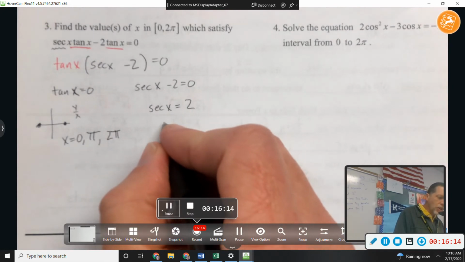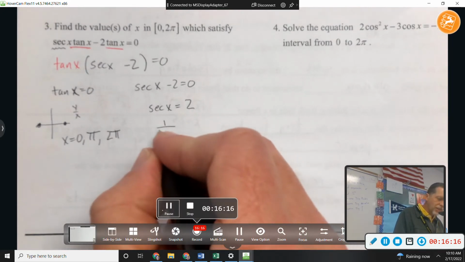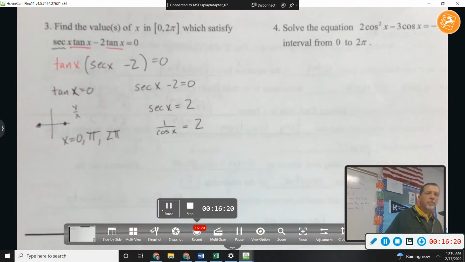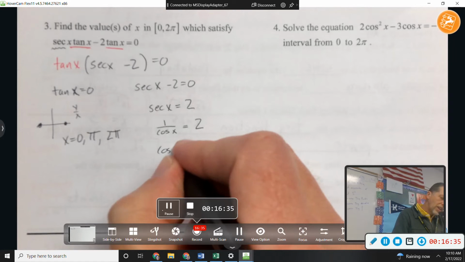Let's do it the long way around first, because that'll make sense of the shortcut. Secant is the same as 1 over cosine. And then I can flip both sides. Right? I can flip it over and get cosine of x equals what? 1/2.